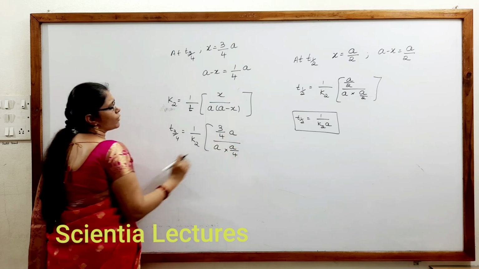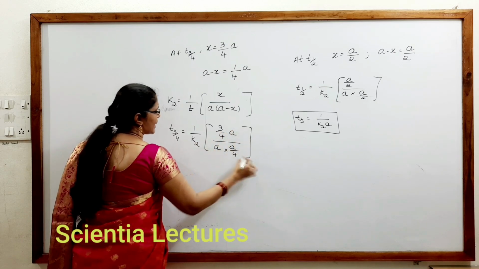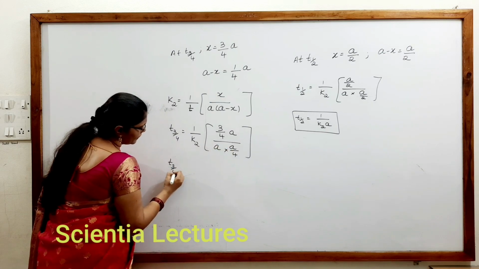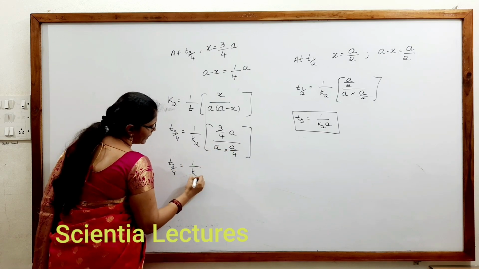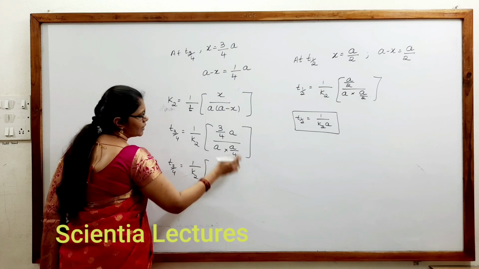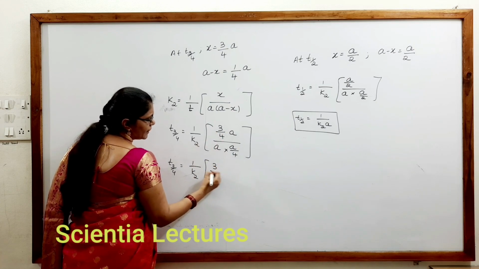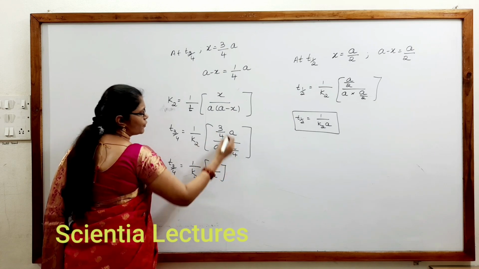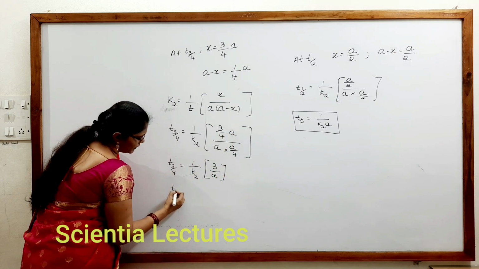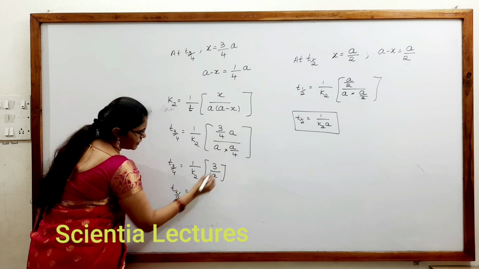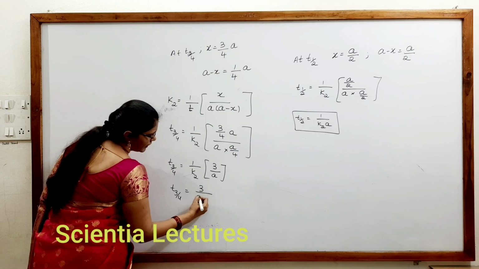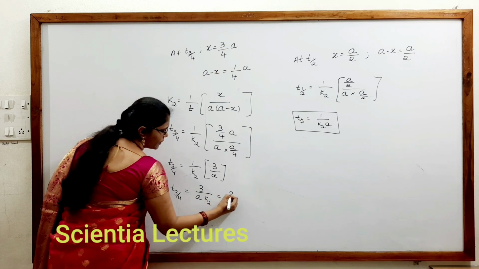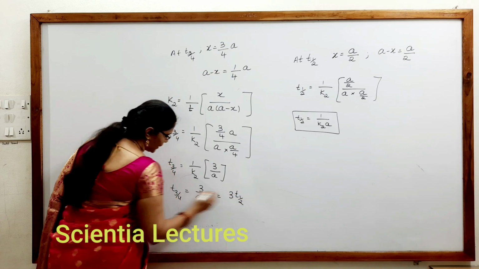Here, a and 4 get cancelled. When this gets cancelled, what is remaining? T3 by 4 is equal to 1 by K2 into 3 by a remaining. So, t3 by 4 must be equal to 3 by a K2. This must be equal to 3 times of t half.